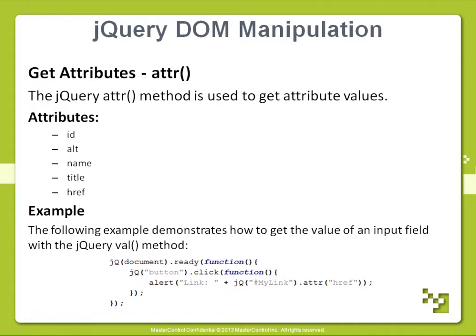But the user doesn't always know what the link is because the text that's shown might say click here, not www.yahoo.com or something. So with my jQuery, I can read the href attribute, which is where you put in a link in your code. I've got an ID called myLink, and when I click the button, it's going to show me the actual URL to whatever I'm linking to.